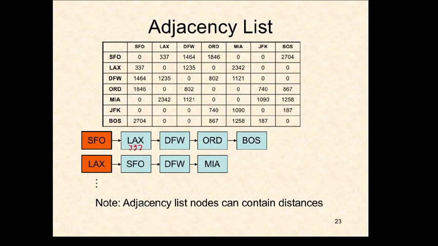But if we look at the adjacency lists, I've got just 2 adjacency lists, and I've already got 7 entries. Remember, in an undirected graph, everything's going to be there twice. So that's why we said it's going to be proportional to E divided by V. In an undirected graph, it's really going to be proportional to 2E divided by V, because this SFO LAX, that one number, is going to appear in 2 different adjacency lists.